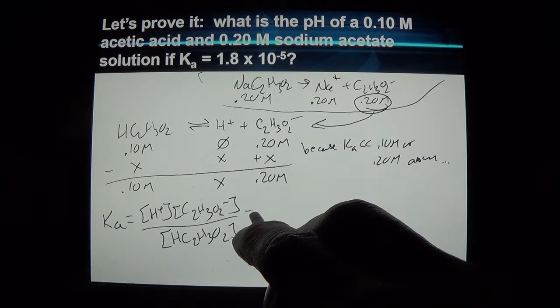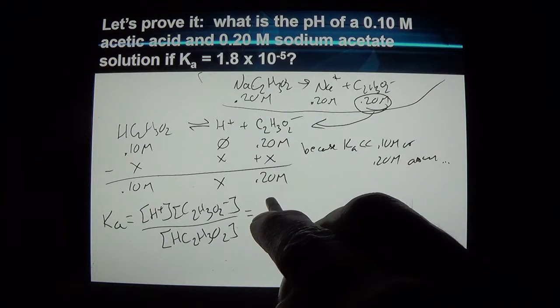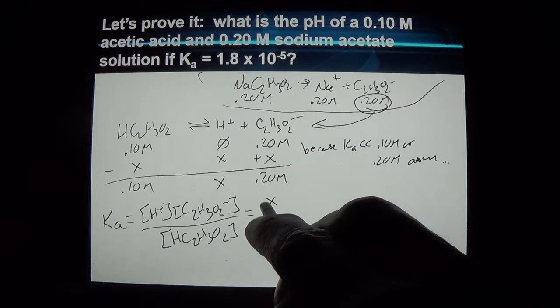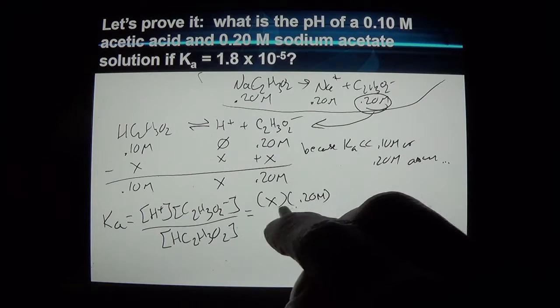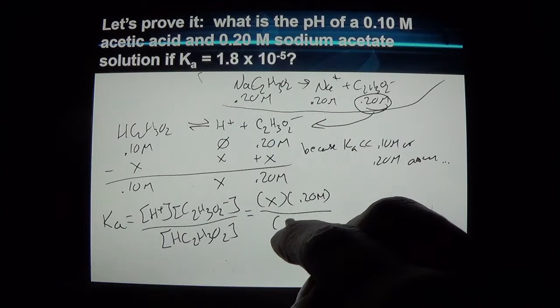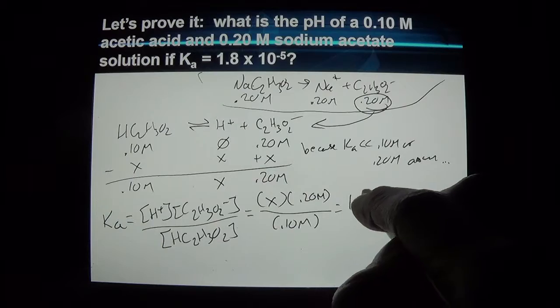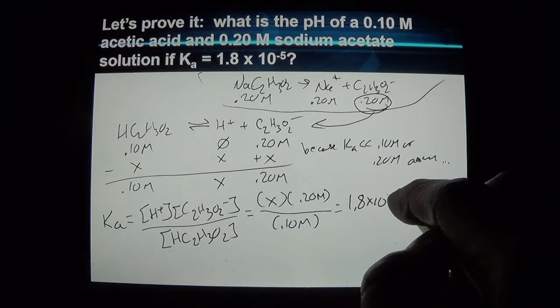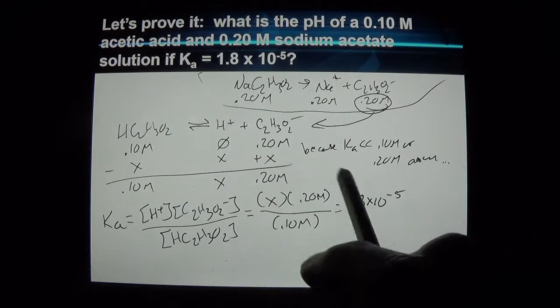So write the formula. But now, when I plug in, very interesting things. I'm plugging in an x times 0.20 molarity, and I'm going to divide by 0.1 molarity, and it's still equal to 1.8 times 10 to the minus 5 as my K value.